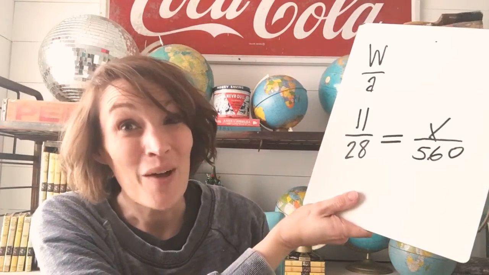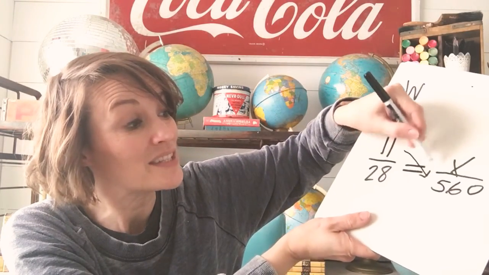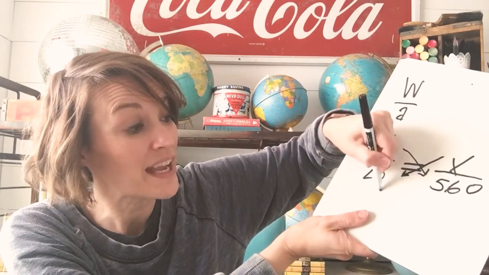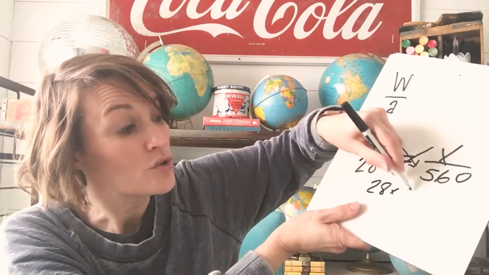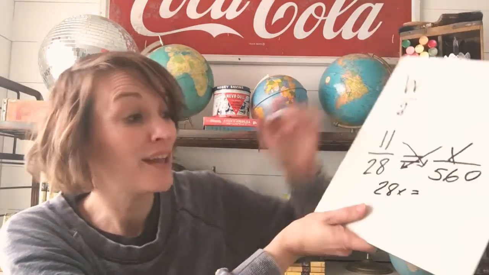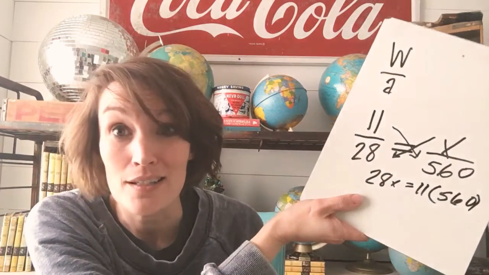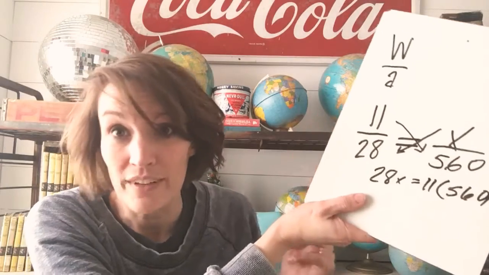So now I'm going to cross multiply. And I would say 11 times 560 equals 28 times x. So 28x equals whatever 11 times 560 is. I probably should have figured that out before I started this lesson, but you know, we'll figure it out.